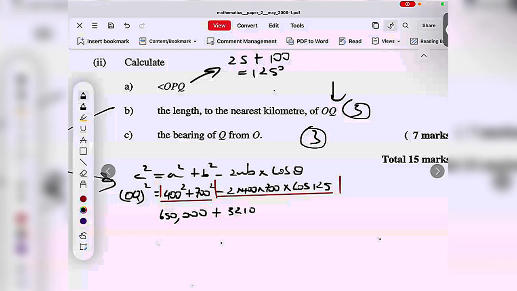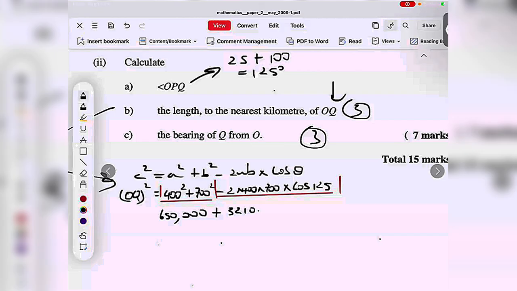321,002. 321.02. No, -321,202.804. No. So the cos of 125 would be -0.57.